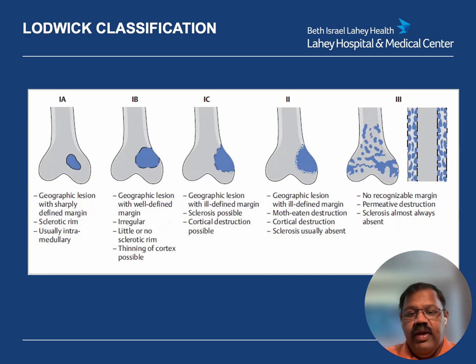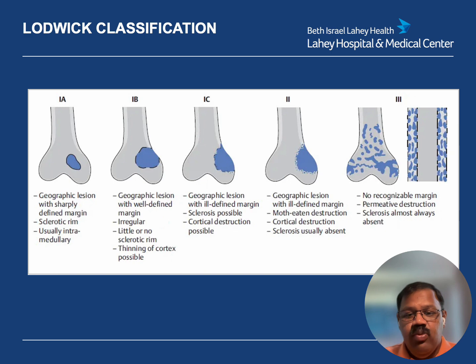So going back, type 1A represents a geographic lesion with a sclerotic, sharply demarcated border. Type 1B represents a lesion that is also geographic, but usually does not have a well-defined border or sclerotic border. And type 1C, similarly, is a lesion that is geographic again in nature with very poorly defined borders and can be associated with cortical destruction and cortical erosion.